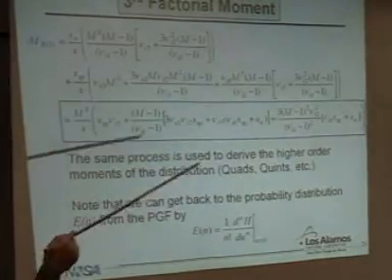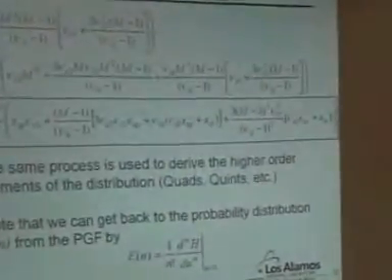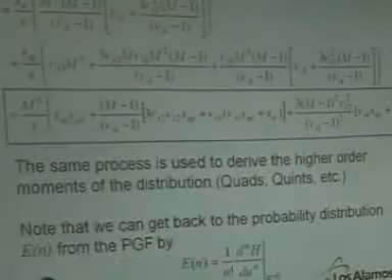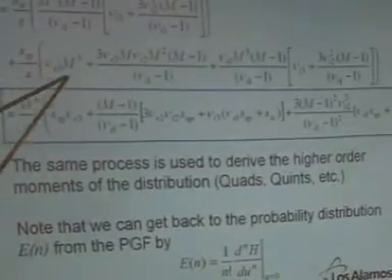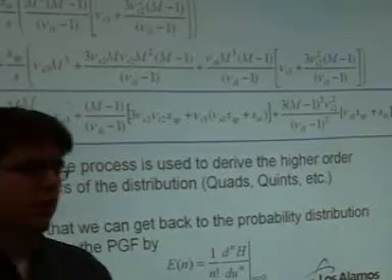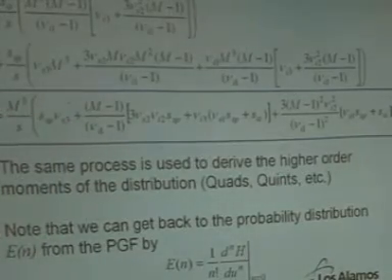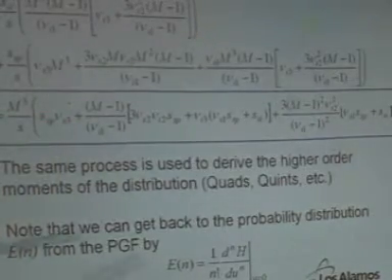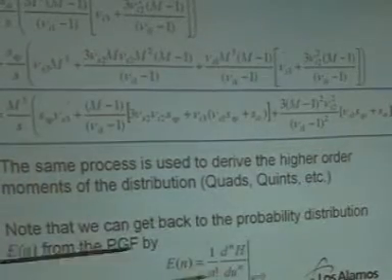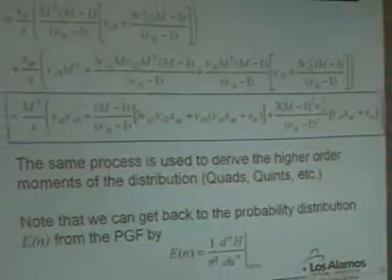And again, we've introduced, back up one slide. I won't show it, but this becomes introduced because you're taking the third derivative of the probability generating function for spontaneous fission. Okay. You use the exact same process to derive any other higher order moments of the distribution you want.